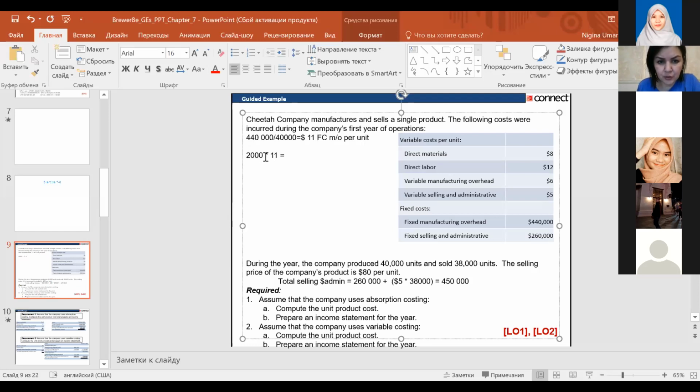So 2,000 units we multiply by 11, right? So how much is it going to be? 22,000. So this is the difference that must be between absorption costing profit and variable costing profit.